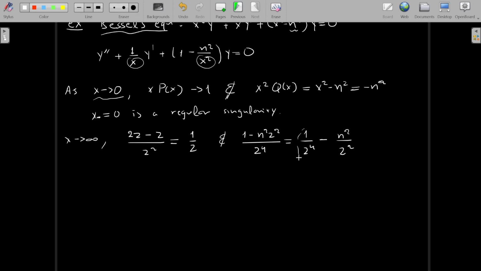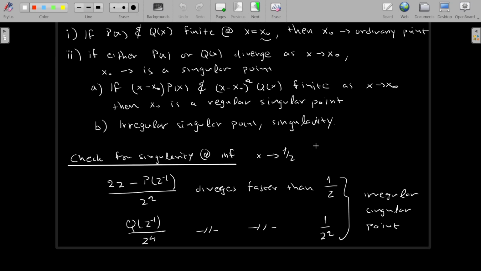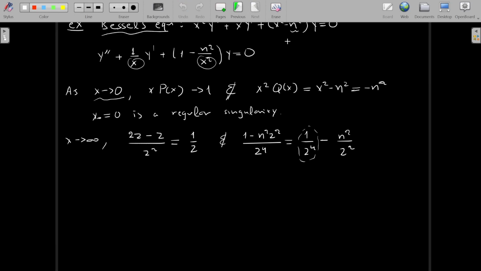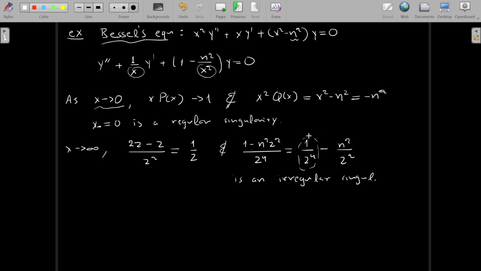But this term diverges much faster than z squared, which we set as our limit, meaning that this is an irregular singularity, meaning that Bessel equation has an irregular singularity at infinity only.